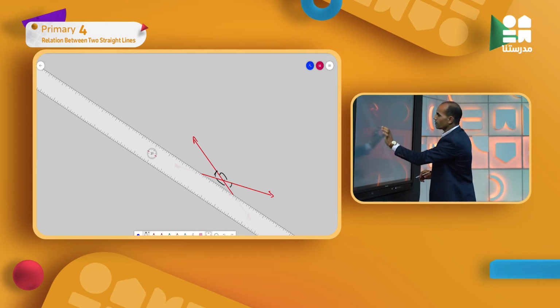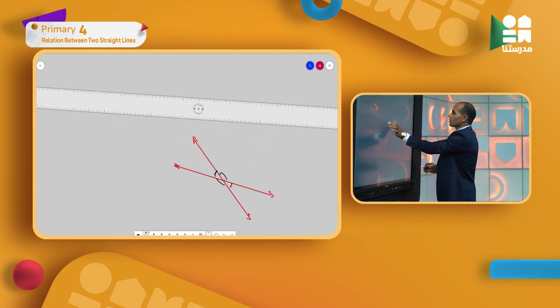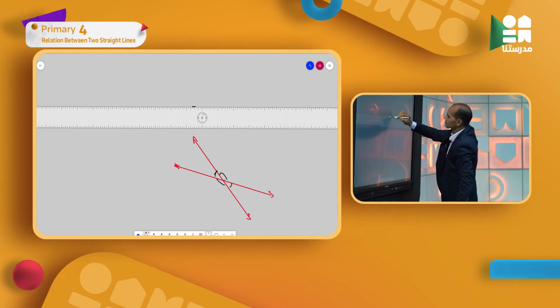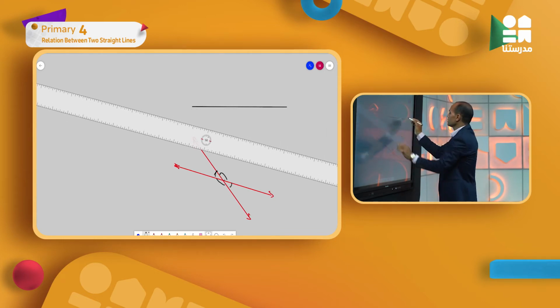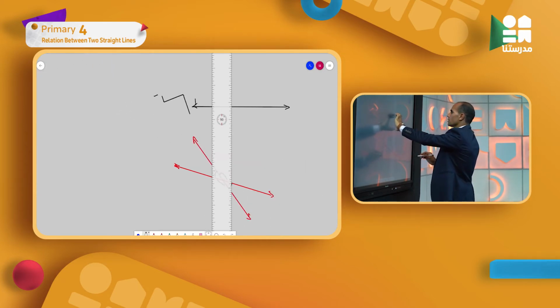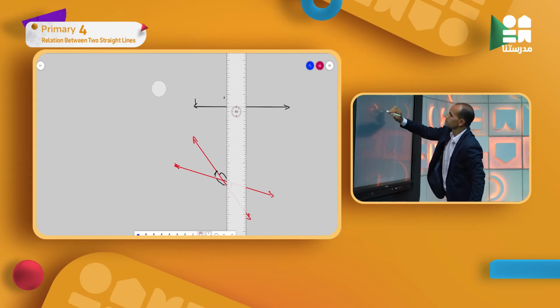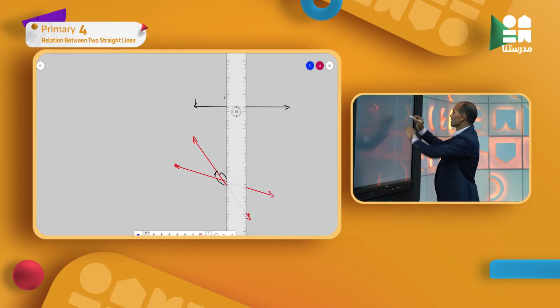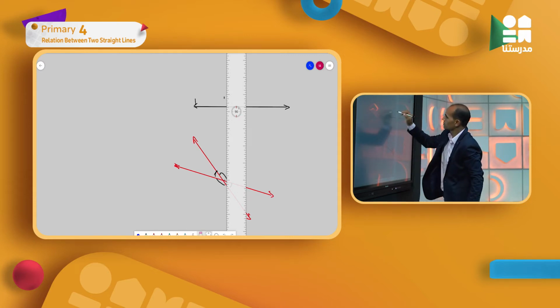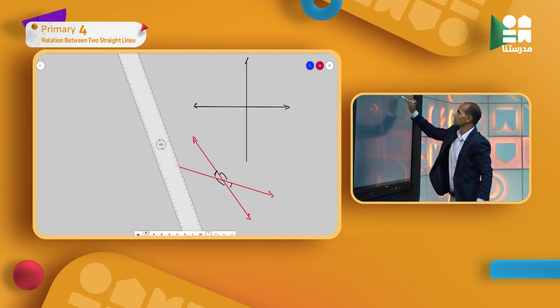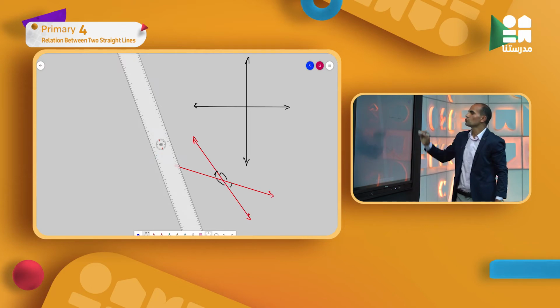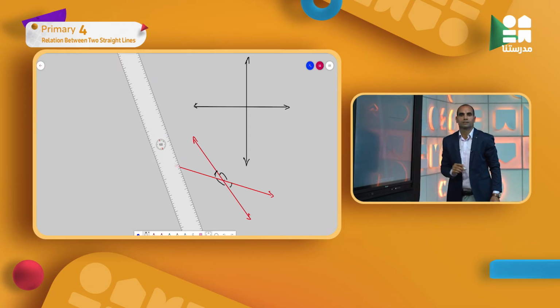Now we have another two straight lines. This is a straight line and this is another straight line. So we have here two perpendicular straight lines.